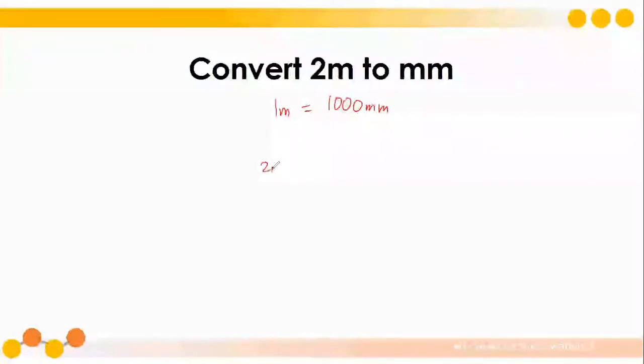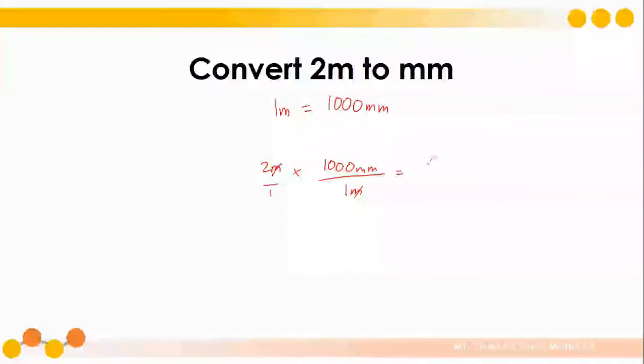You first write 2 meters, multiply it by 1000 millimeters over 1 meter, since that's the equivalent. Then you cancel out meters and proceed with the multiplication.